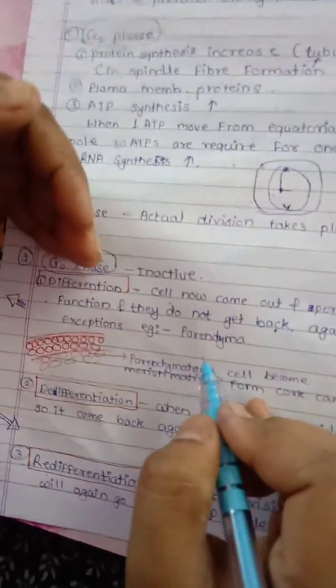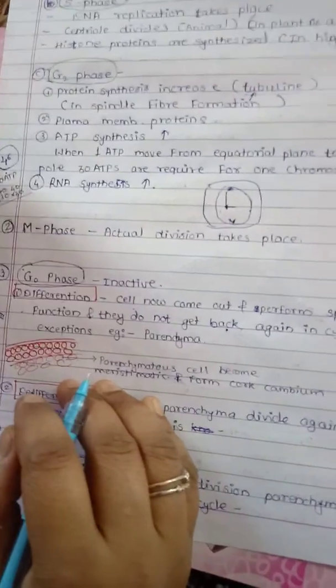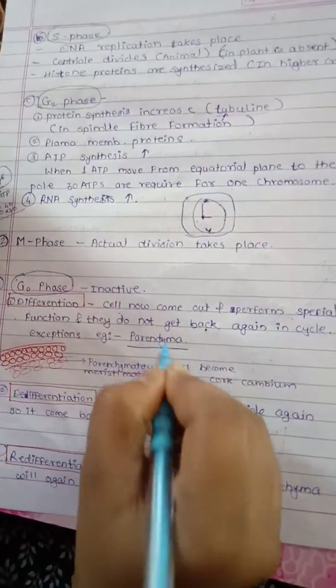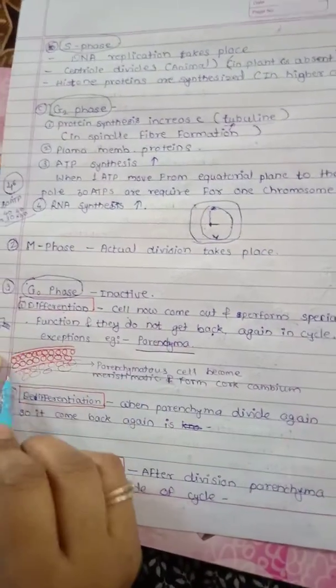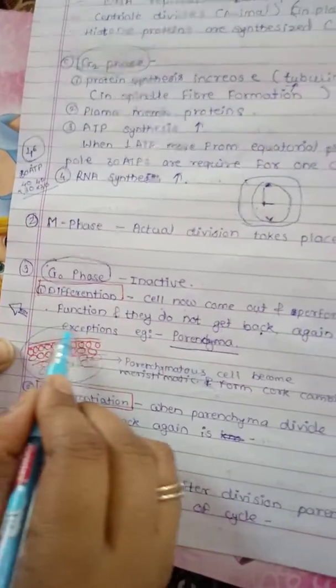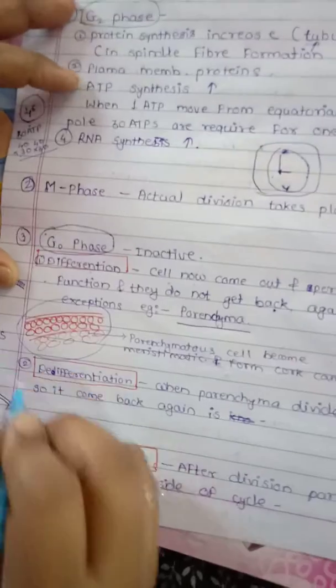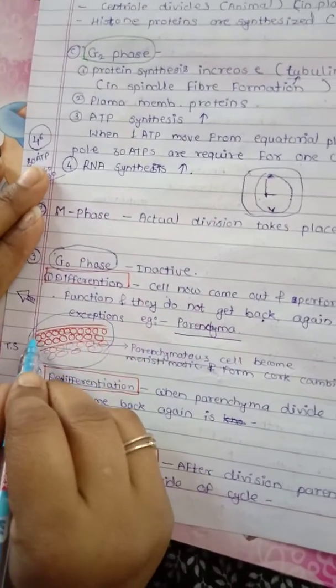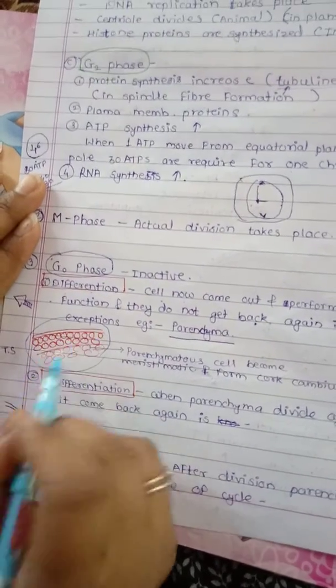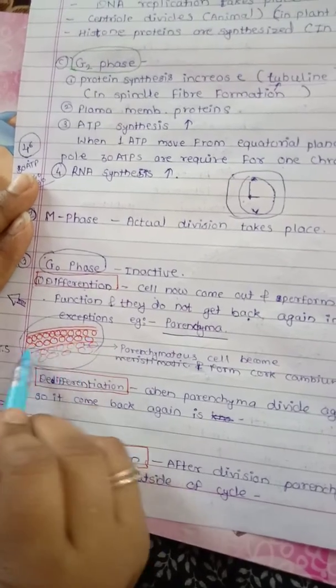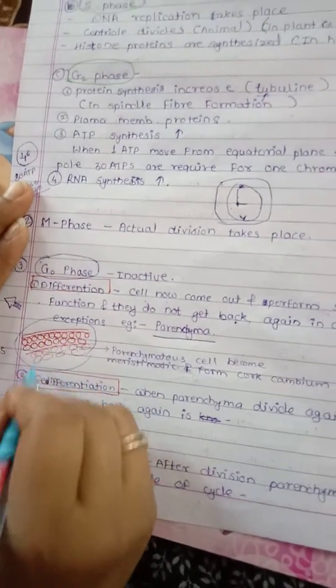Some are exceptional cases, for example parenchyma. Here this is the structure of a plant stem. Here epidermis and cuticle are present, and after that these parenchymatous cells are present.